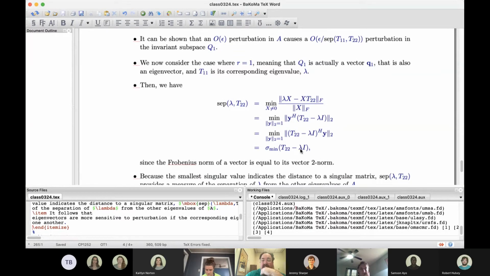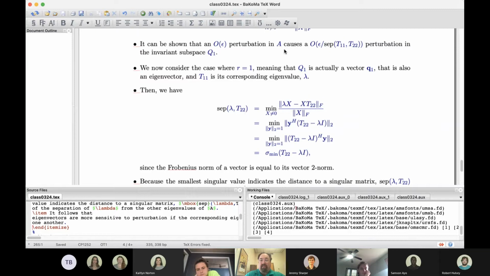So in other words, if lambda is close to any of the eigenvalues from T22, then this smallest singular value will be small, near 0. So the separation will be small. But that makes the eigenvector more sensitive to perturbations.